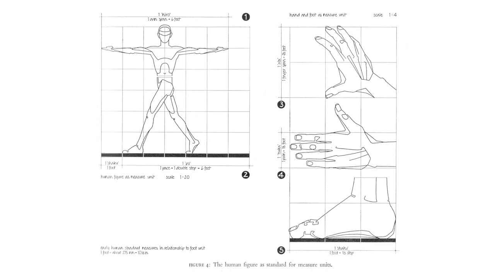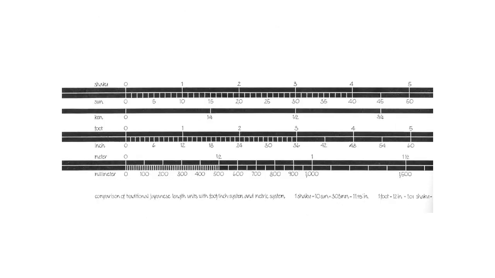A foot in Japan is 1 shaku. They also use the span of your hand and the width of your hand, but also, like we did, the measurement of 1 step.